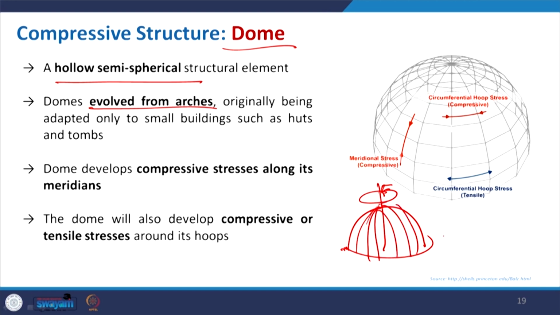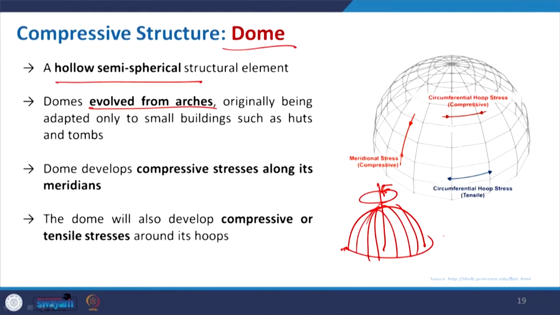And because of the basic fundamentals with the arch that we started this discussion with in the previous slide, the main load is of compression type. Here also it is the same, but in this case, when you have this dome and you take the meridional stress, it is in compression.